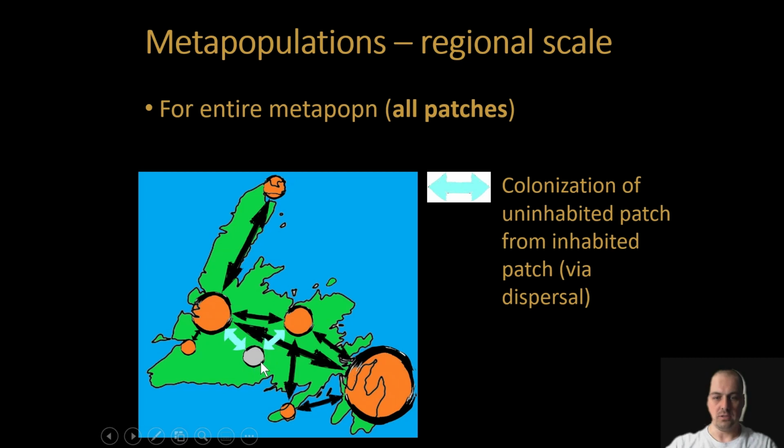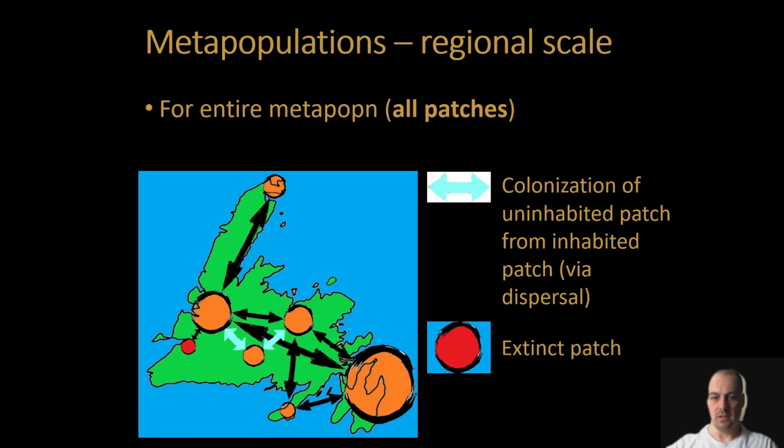So again, this is a suitable environment. There just hasn't been organisms. So through dispersal, the organisms move here and they successfully establish a population. So now this patch is inhabited. And the last aspect is extinction.